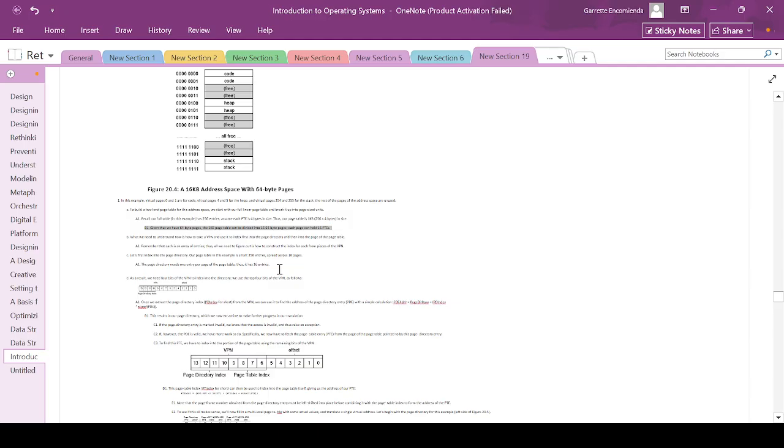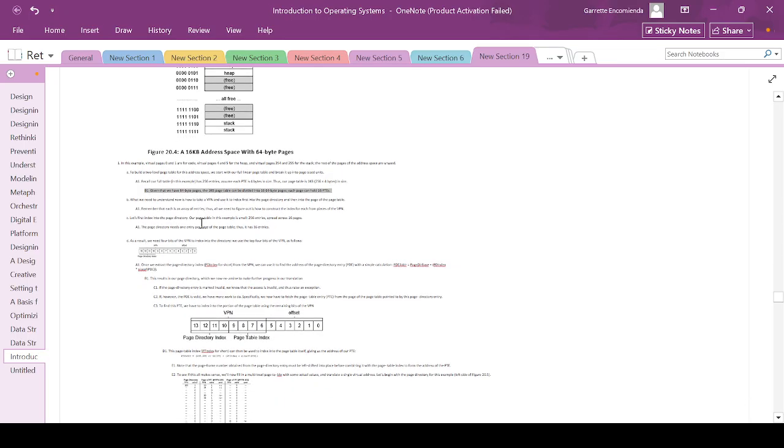Given that we use 64-byte pages, the 1 kilobyte page table can be divided into 16 64-byte pages. Each page can hold 16 PTEs.